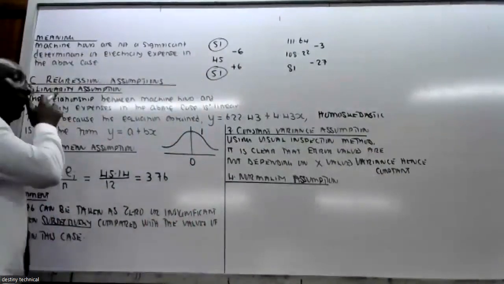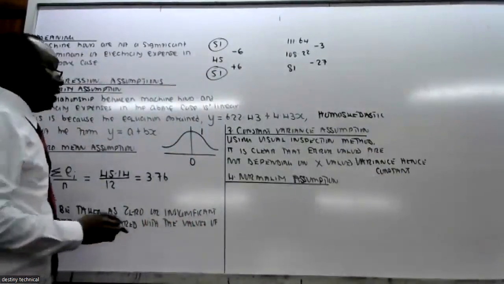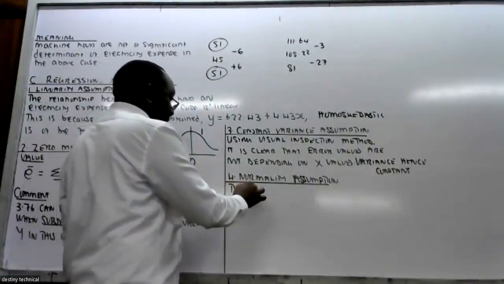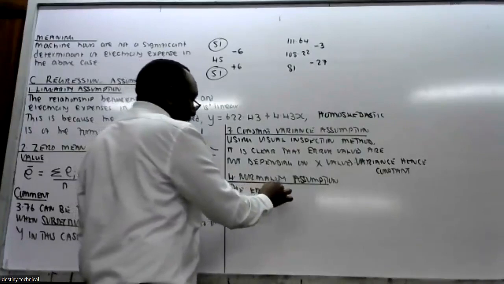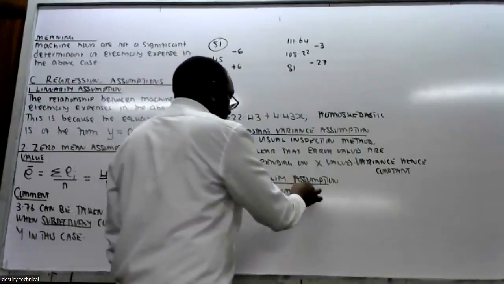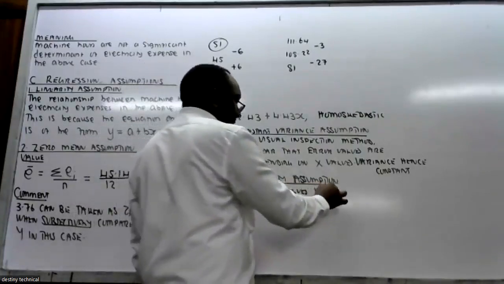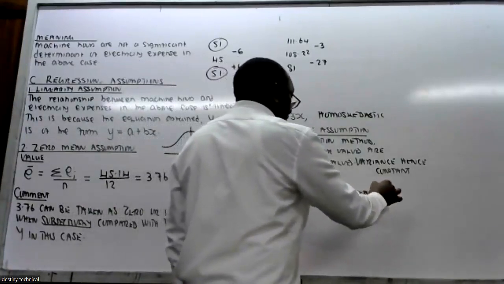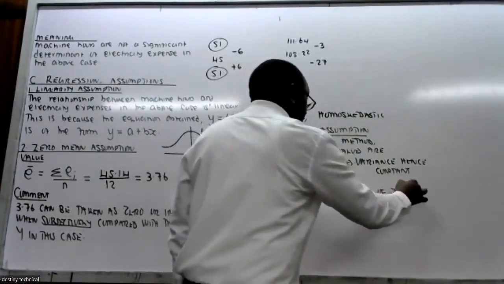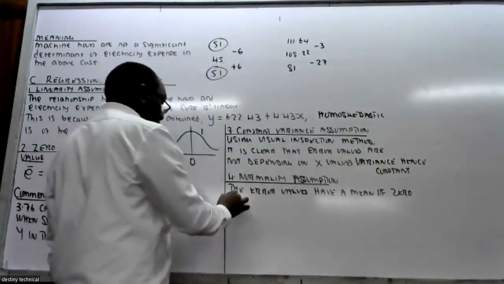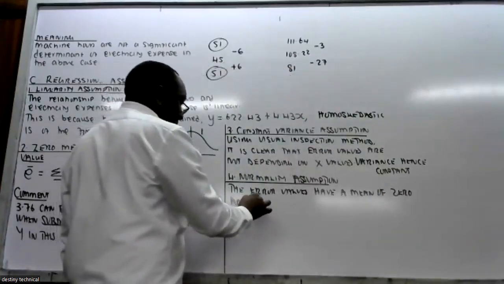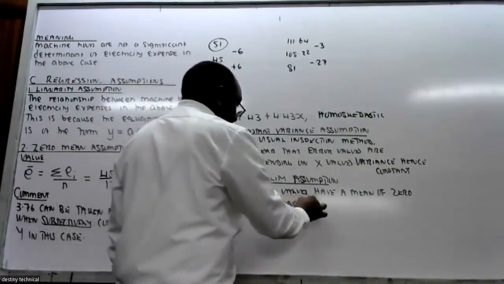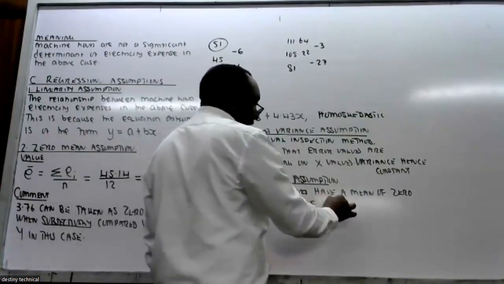So, with that now, let us say the error values have a mean of 0 and a variance of 1, hence normal.